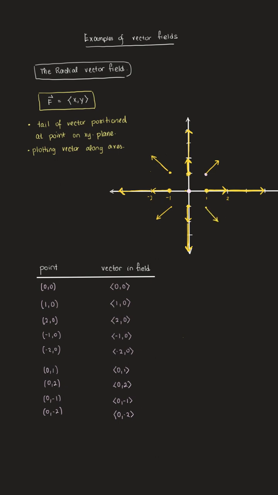And we can imagine also that we will have vectors as we get further away. We can see that the magnitude of the vectors is getting larger. How might we verify that? Well, our vector field has magnitude square root of x squared plus y squared. So you can see that as x and y get larger, the magnitude gets larger.